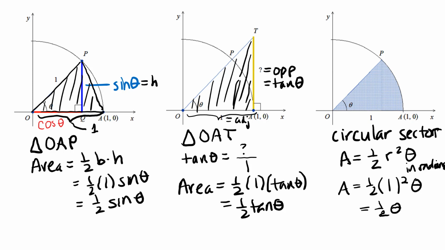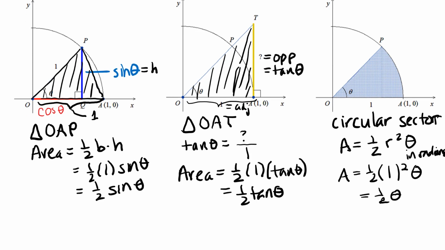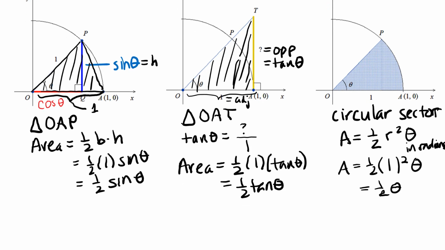So the area of the first triangle, OAP, is going to be the smallest. So 1/2 sine theta is going to be less than the area of the circular sector, which is 1/2 theta. And that will be smaller than the area of the middle picture, the triangle OAT, and that area is 1/2 tangent theta.